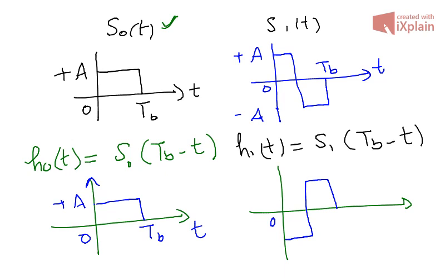It exists from 0 to Tb on the time axis with a peak amplitude of plus A and minus A. In the first half period, it is minus A. So these are h1 of t and h0 of t, the matched filter responses which we derived earlier in our previous lecture.